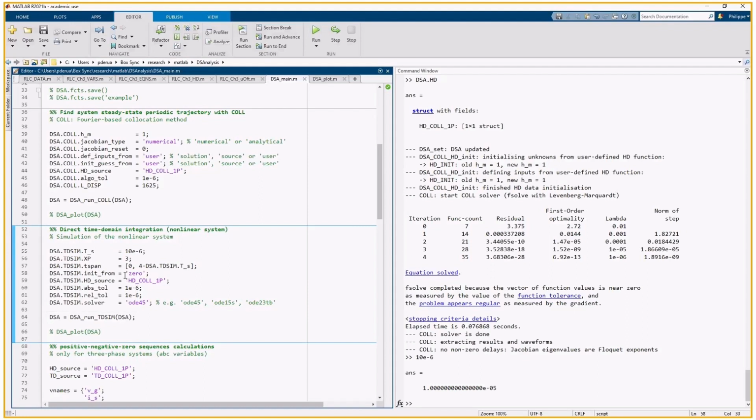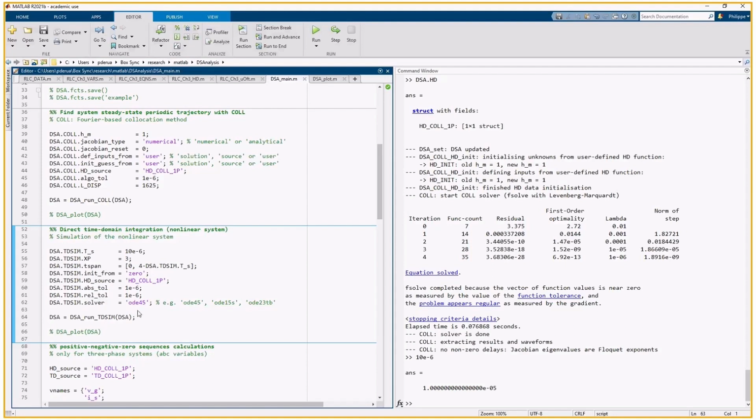I would like to initialize the time domain simulation from 0, but I could also initialize it from a point on the periodic trajectory described by this particular source, if it is available naturally, but I could also define it as the last point of a previous solution. We will try that later. I can define the absolute tolerance and relative tolerance of the time domain simulation, as well as the solver.